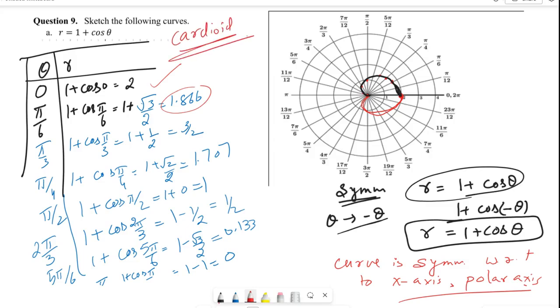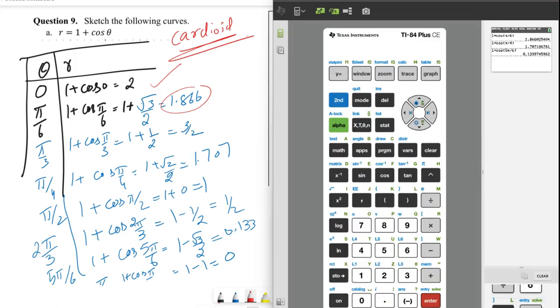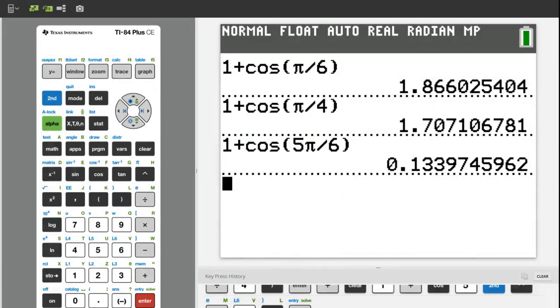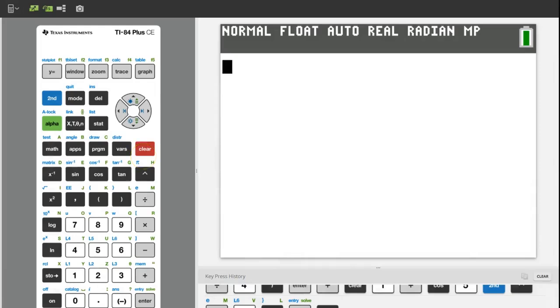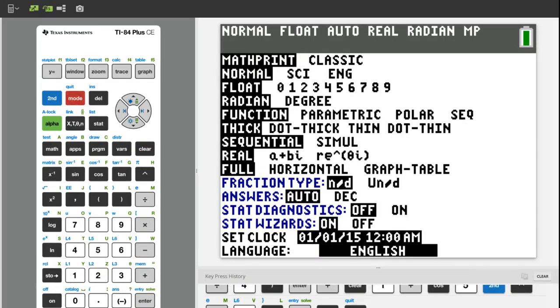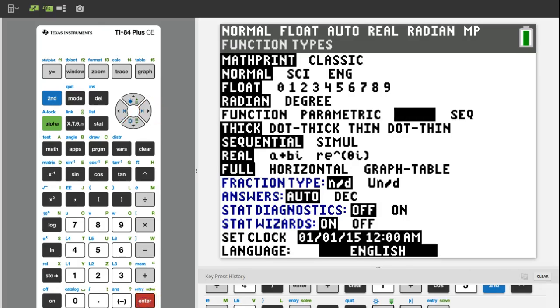Okay, I want to show you how to plot this on your calculator. If you want to confirm the graph on your calculator, on your mode, you go down to the list of the functions and go to polar.